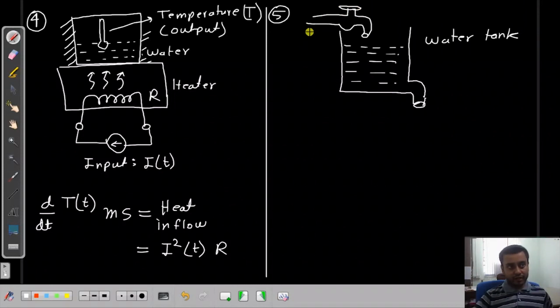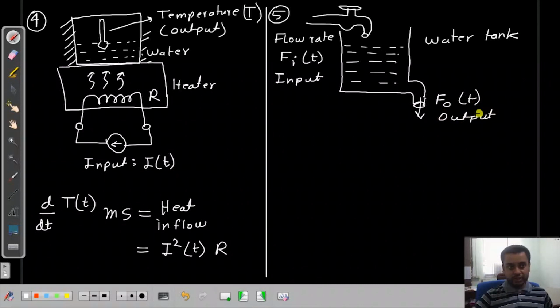So you can pump water into the water tank, and you shall also get water coming out from the outlet. Let me call the flow rate into the tank Fi(t), the amount of water flow per unit time, that is my input, and the amount of water flow that comes out of the tank, let that be the output. This way, this is a system.